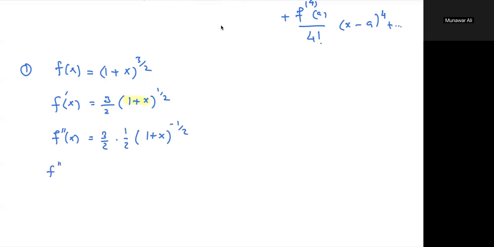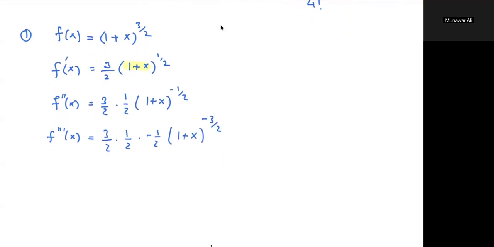The third derivative is 3 halves times 1/2 times negative 1/2, times 1 plus x to the negative 3 halves. And the fourth derivative is 3 halves times 1/2 times negative 1/2 times negative 3 halves, times 1 plus x to the negative 5 halves.